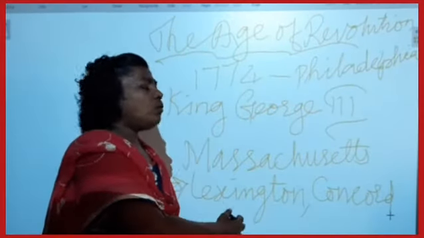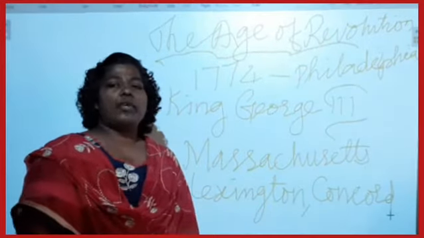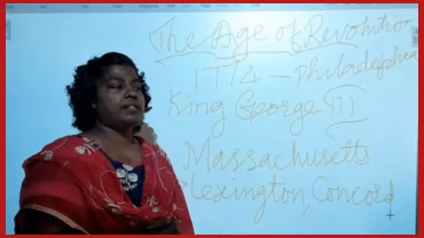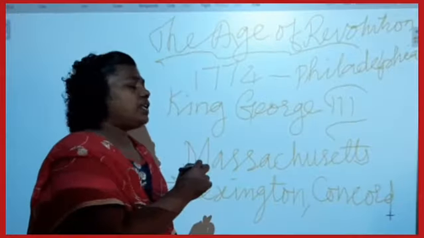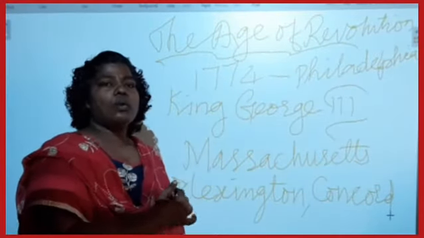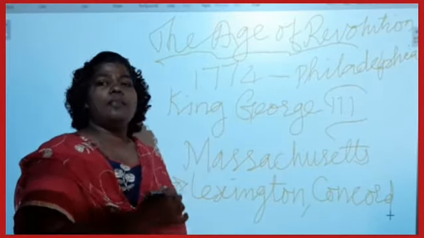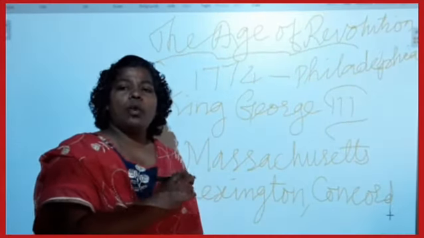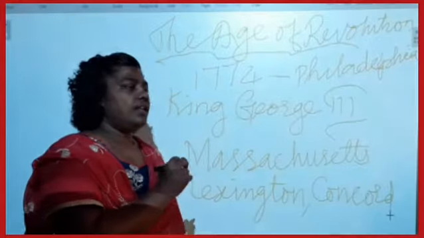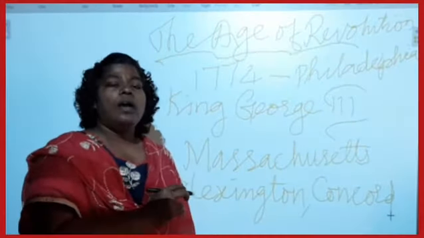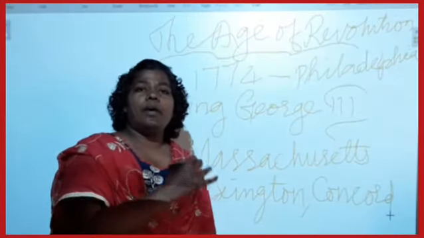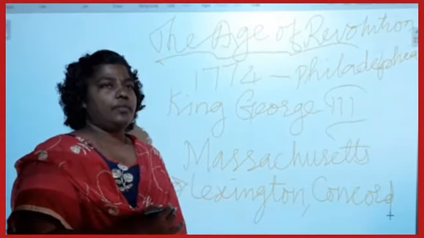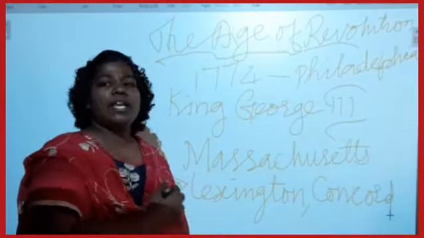And how did this birth of the United States of America take place? In 1775 there was a war, and this war ended in 1781. The American War of Independence ended in 1781, with the end of British rule in the American colonies. Now the colonies became free.